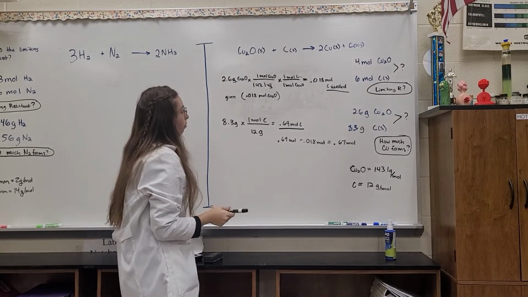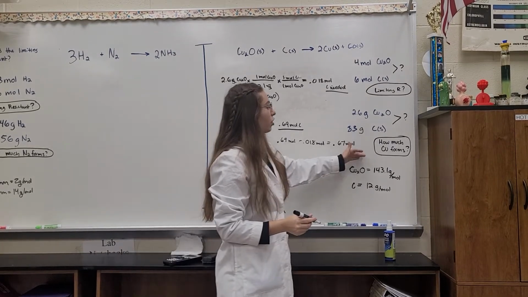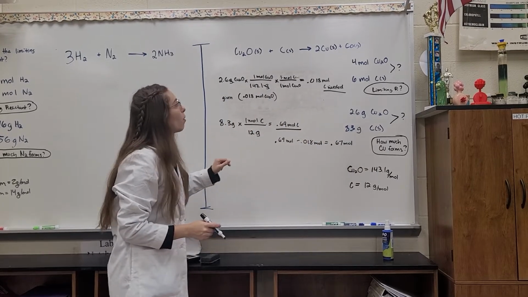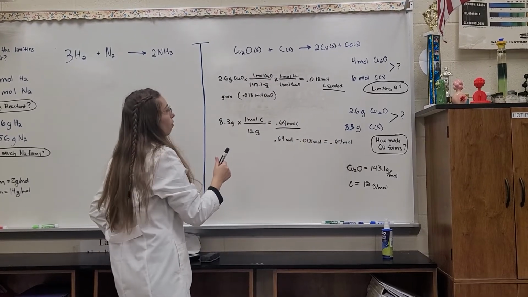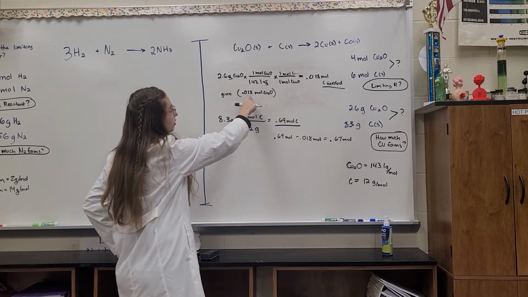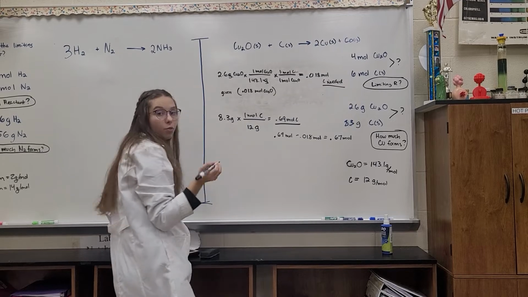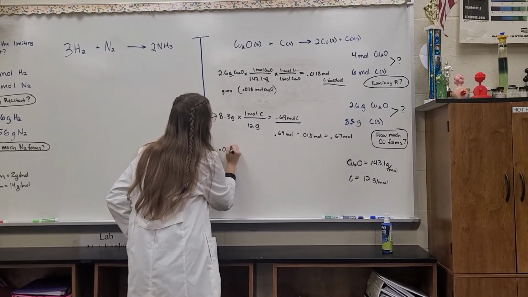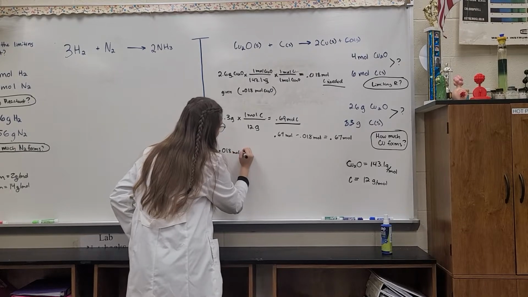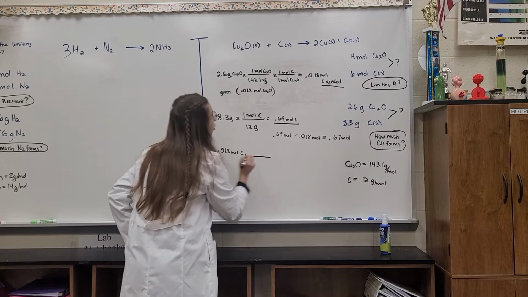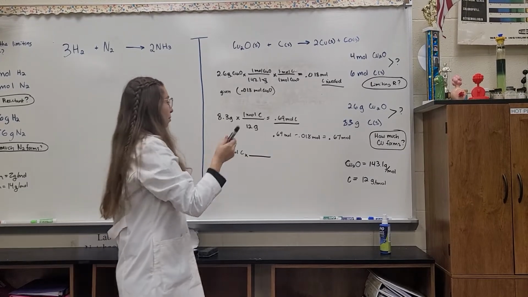Now, moving on to the next part, how much copper was formed? Well, we know that 0.018 moles of carbon was used, or 0.018 moles of Cu2O. Either works because it's a 1-to-1 molar ratio. Let's just do carbon. Now we have to find how much copper was formed.